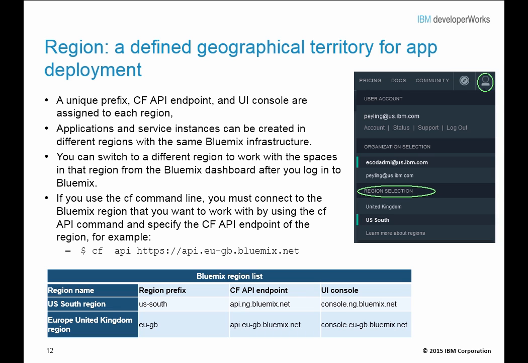If you are using the Eclipse tools, you must connect to the Bluemix region that you want to work with by creating a Bluemix server and specifying the API endpoint of the region. A unique prefix is assigned to each region, and Bluemix provides the following regions and region prefixes.